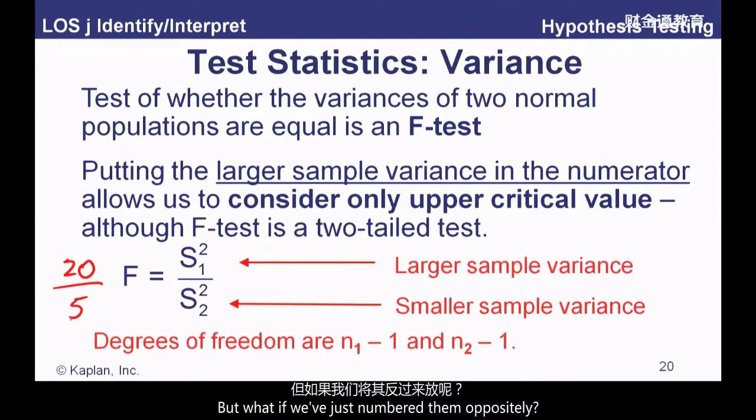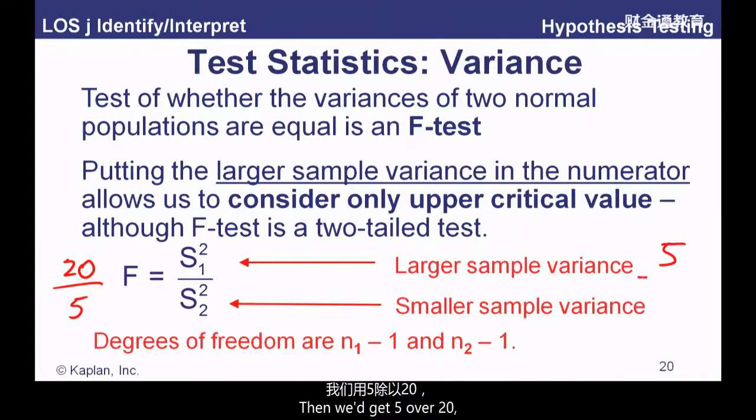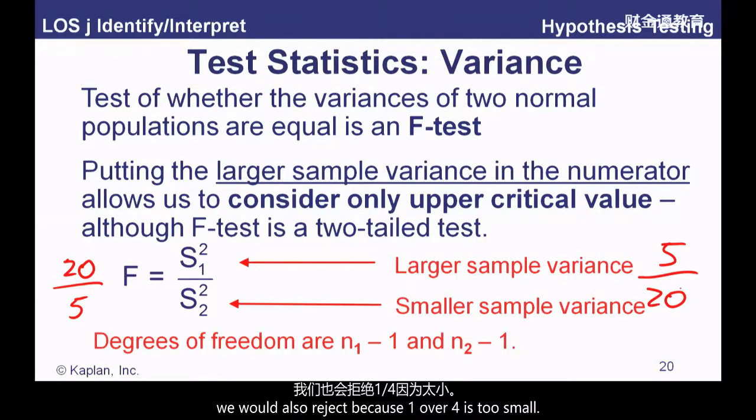But what if we had just numbered them oppositely? Then we'd get 5 over 20. And so what I'm going to tell you now is, if we'd reject because 4 is too big, we would also reject because 1 over 4 is too small.